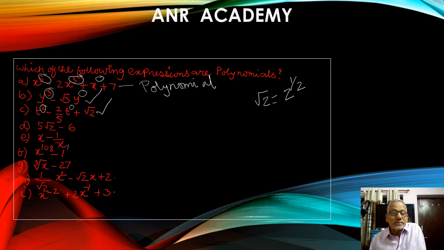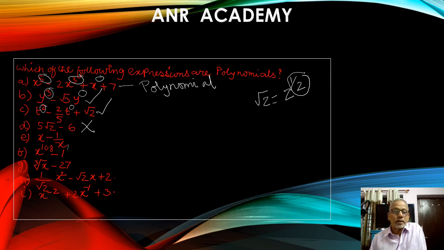So this is not a polynomial. I think you understood the reason why 5 root z minus 6 is not a polynomial. The reason is the power of z is half.